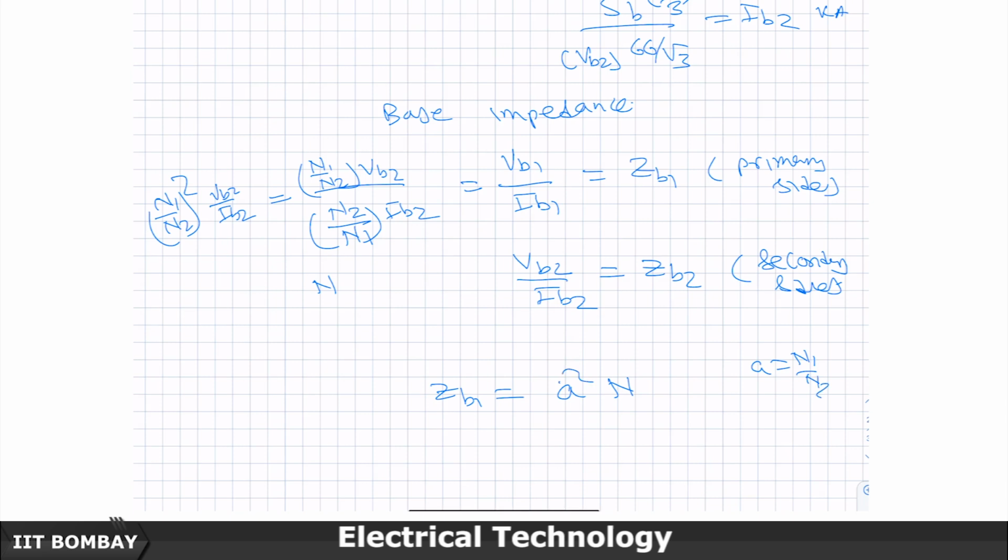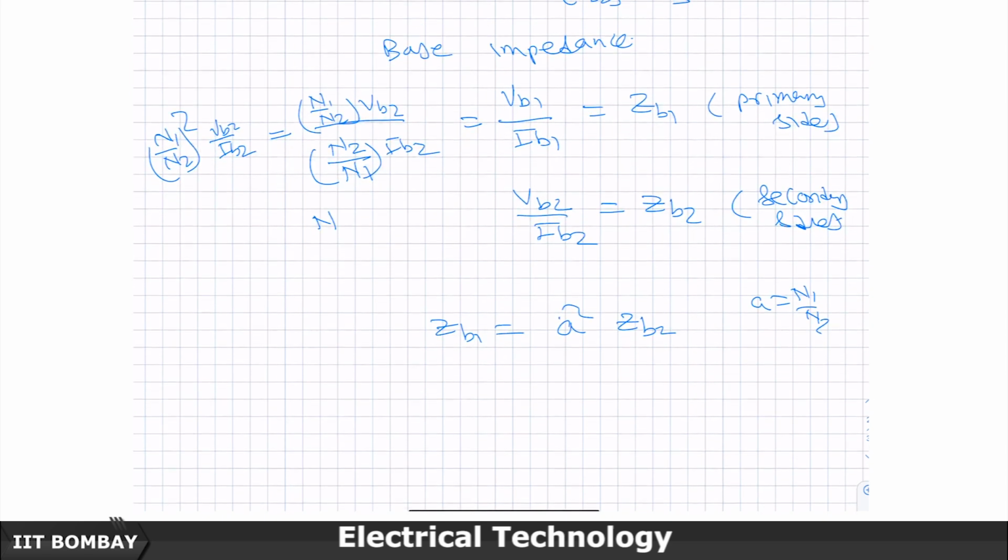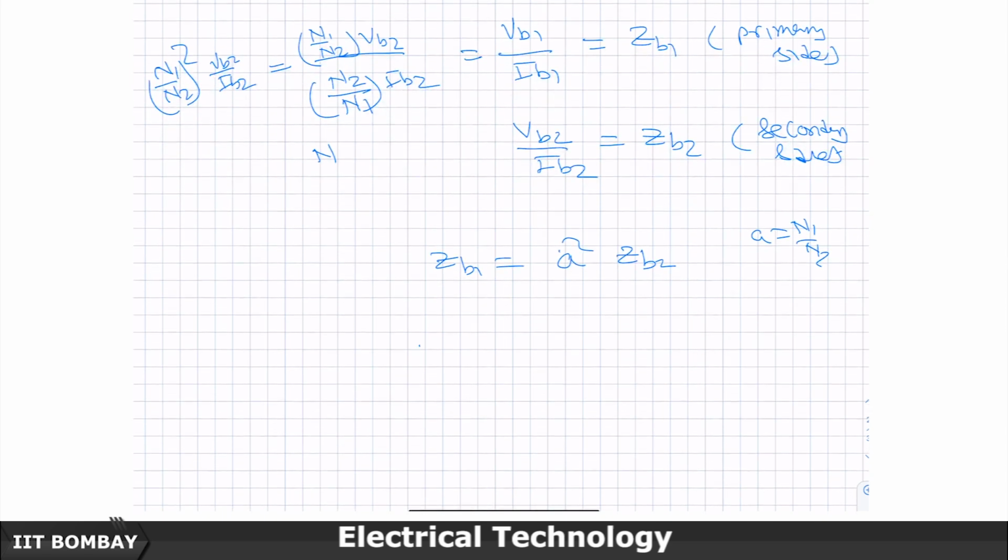square ZB2. Now see what happens when I have a load impedance ZL on the secondary side. In per unit, per unit means basically a ratio of two quantities: the denominator is the base, and the numerator is whatever you have.